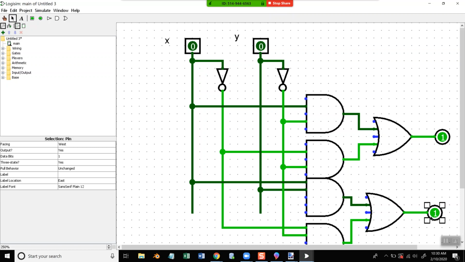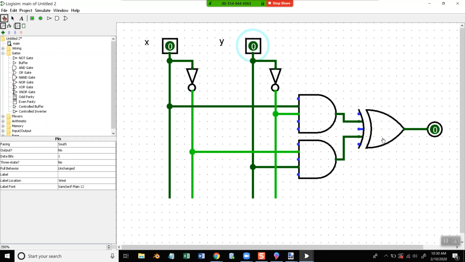Okay, now I'm totally confused. It's given 1 also, same as mine. So this is what I think it should be. But this says 0, 0 should be 0.